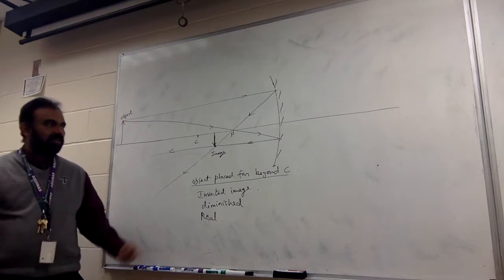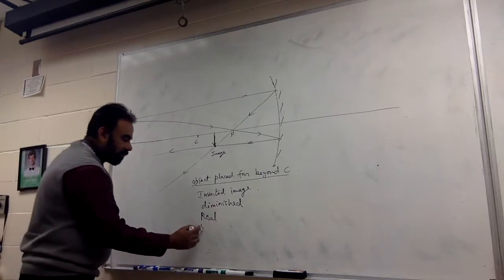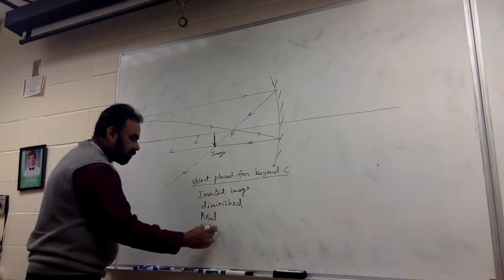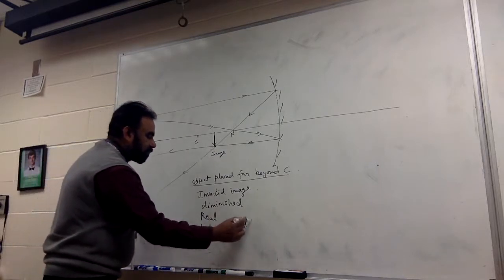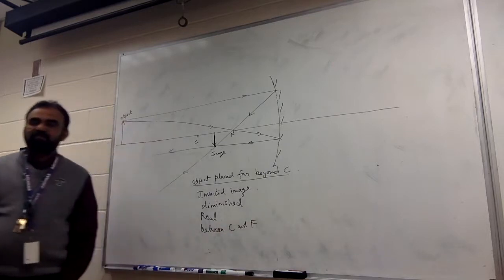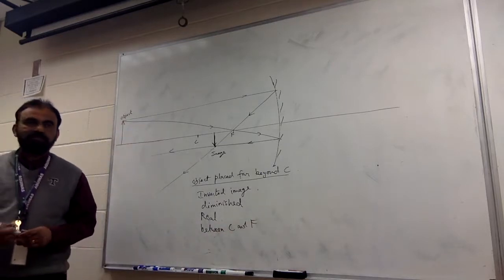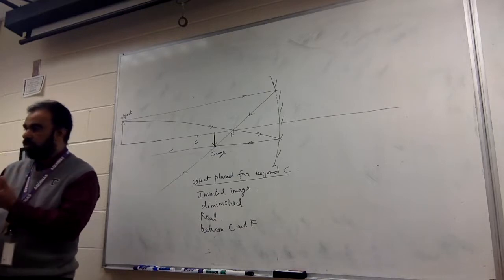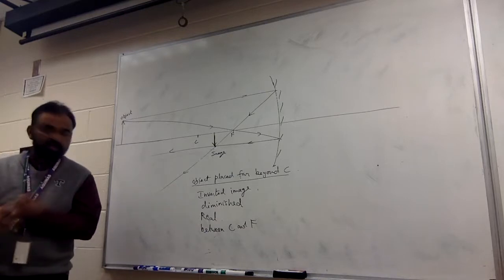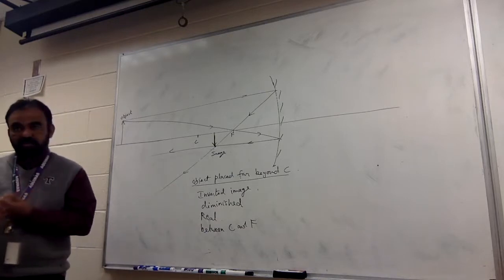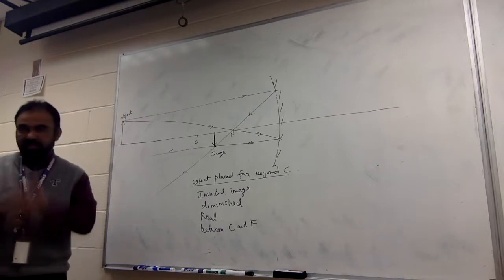And the other thing you can say is it's between C and F. So the image is formed between C and F. So it's an inverted image. It's a diminished image. It's a real image. And it's between C and F.